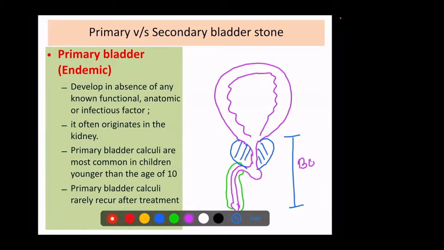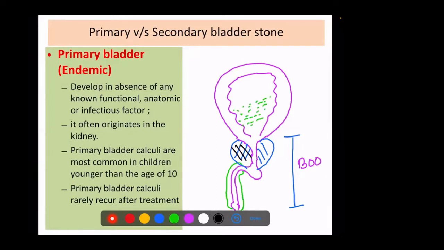for example, BPH in male, stricture urethra in male or female, any problem in the urethra like stricture urethra or phimosis, any cause of bladder outlet obstruction in male or female, there will be stasis. Stasis means the urine will stay there for a longer time.